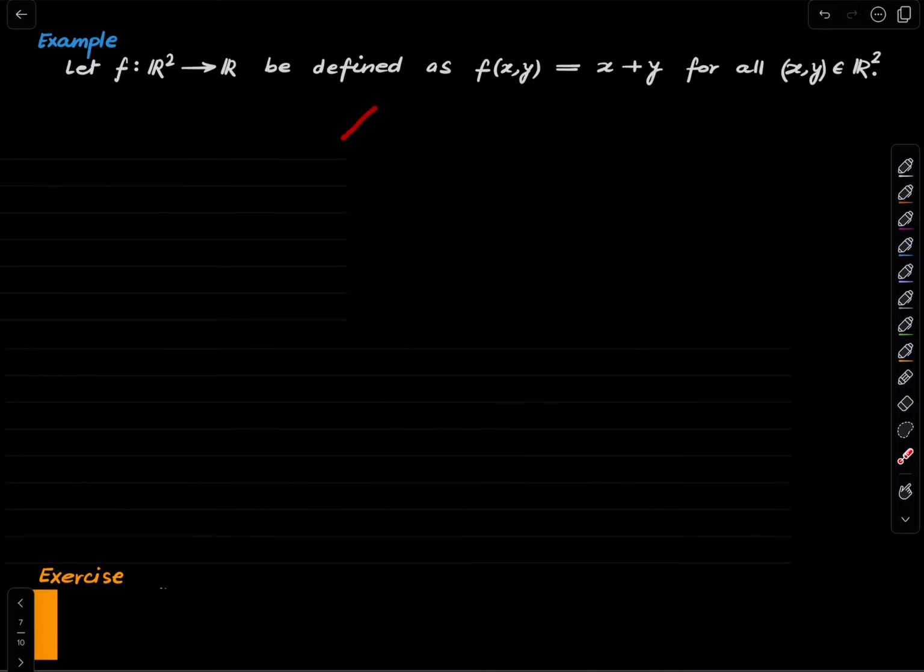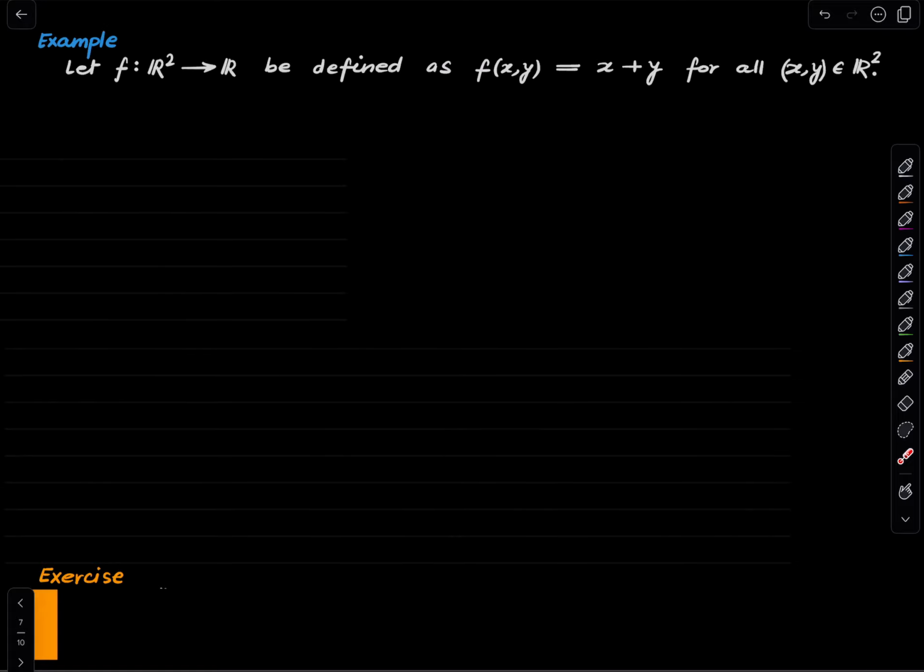You can take this horizontal thing as R2, and this z-axis is where you locate the image of a point under f. So if you choose a point here, then x plus y may be something like that. Origin maps to origin, right? So you'll get something which I can't draw because it's a three-dimensional thing, but you can visualize. It'll look like a plane passing through the origin. It is a plane passing through the origin, the graph of the function f.